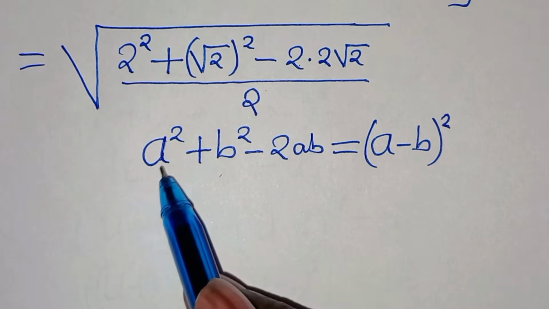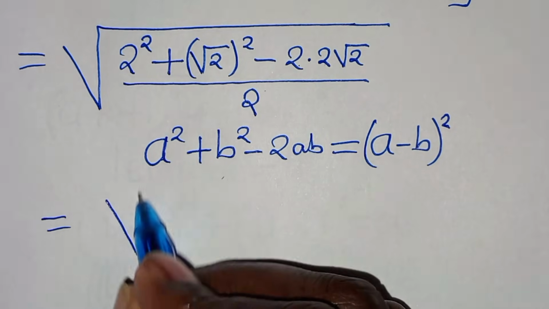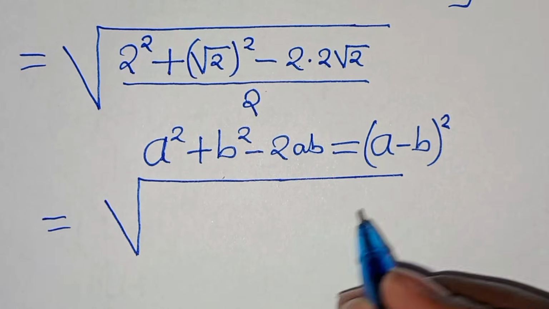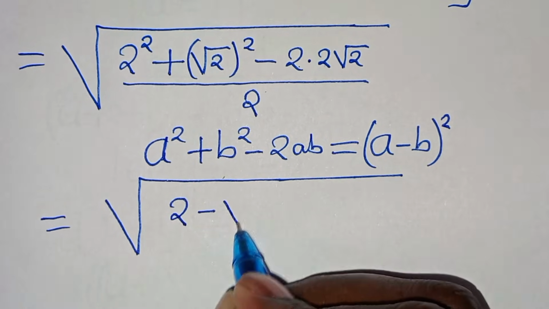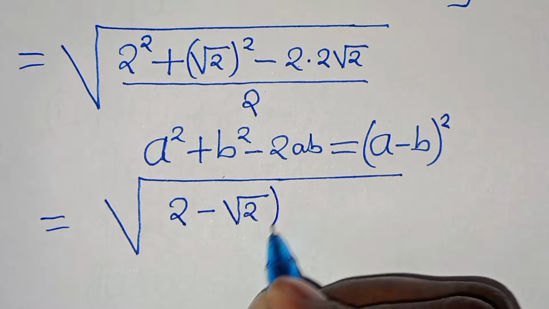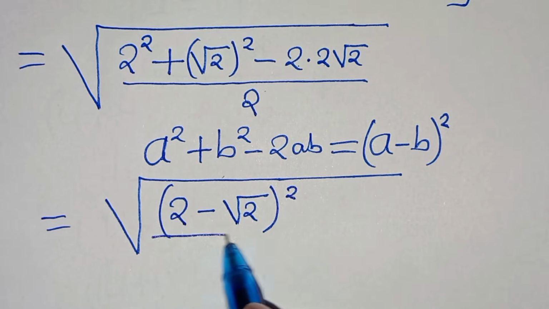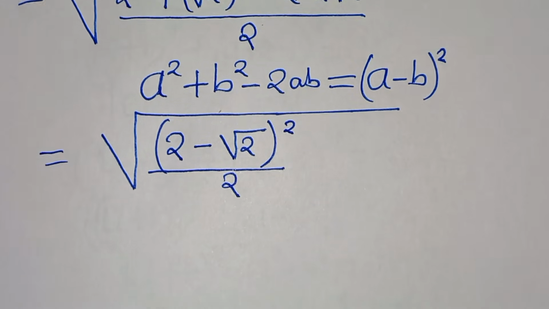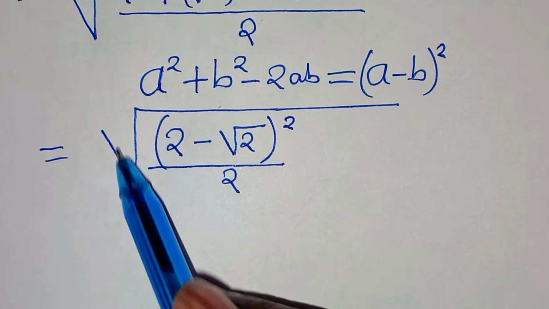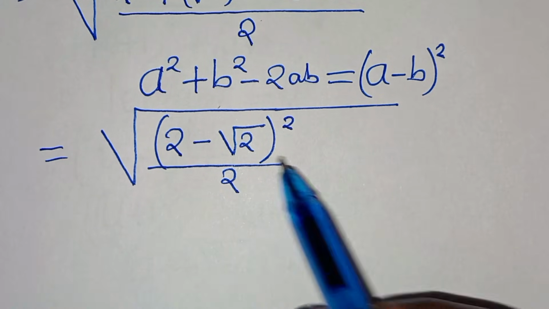Now applying this algebraic identity, we have the square root of 2 subtract the square root of 2, raised to the power of 2, everything here divided by 2. Now we have the square root of 2 minus the square root of 2 to the power of 2, divided by 2.